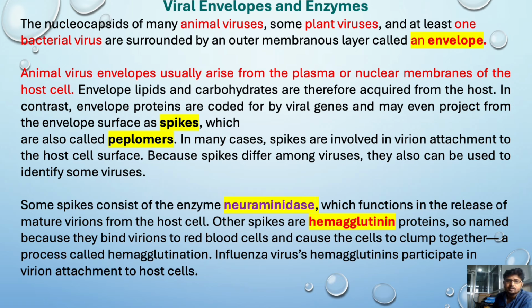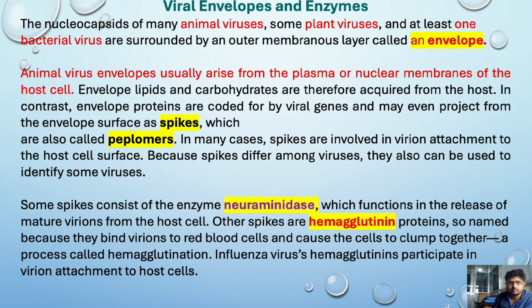During entry or exit from the plant or animal cells, plant or animal viruses take up the lipid layer of the host cell, where they are entering or from where they are exiting. In that case, some part of that lipid bilayer forms a membrane-like structure around the capsid structure. So it is called an enveloped virus.